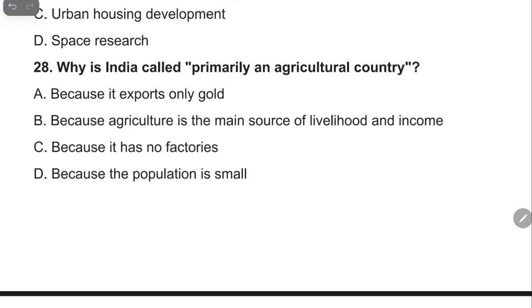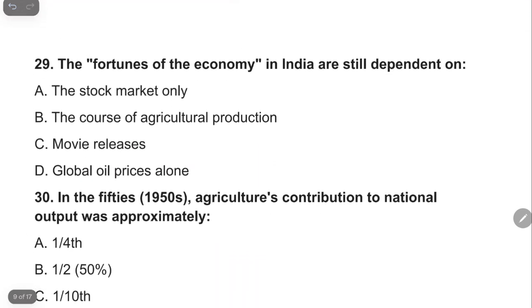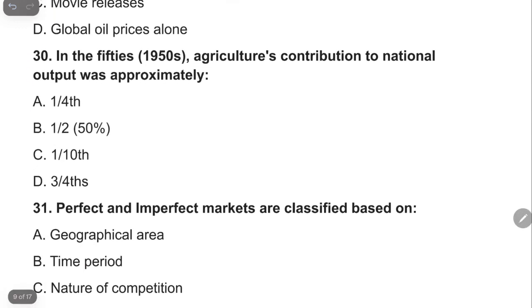Why is India called primarily an agricultural country? Because agriculture is the main source of livelihood. The fortunes of our economy in India still depend on the course of agricultural production.